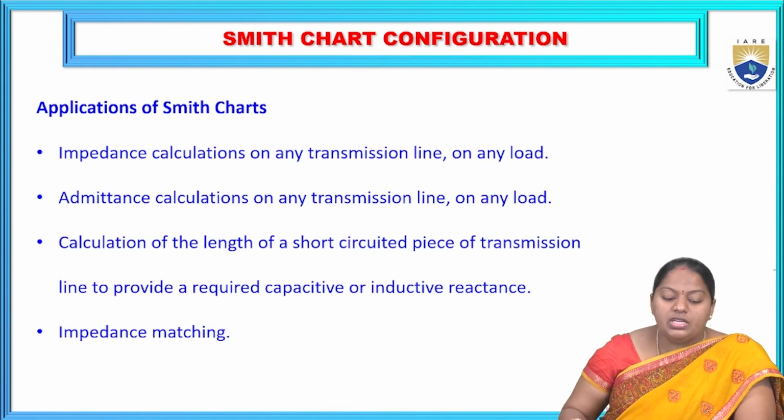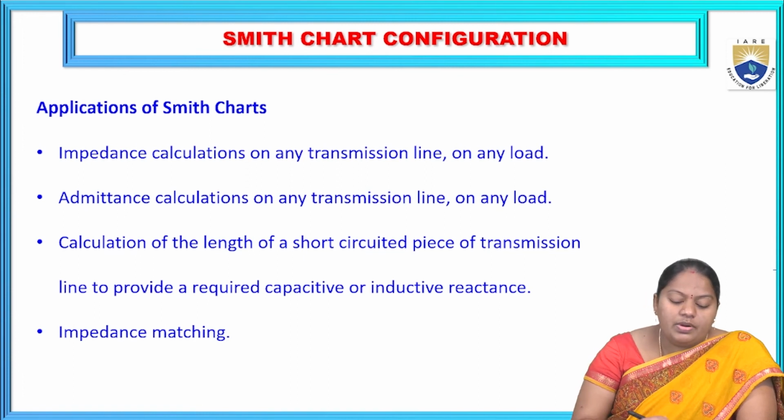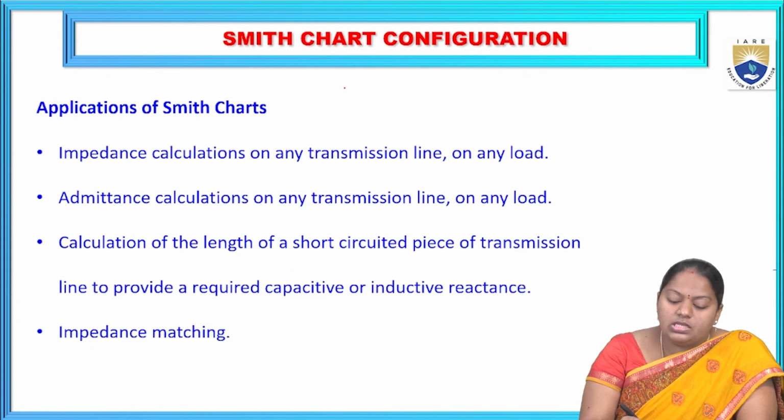Then, applications of Smith charts. Where do we use this Smith chart configuration? In which applications are we going to use impedance Smith charts? Some of the applications are impedance calculations on any transmission line with any load. To calculate impedance on any transmission line, we need the Smith chart, because it consists of resistance and reactance circles.